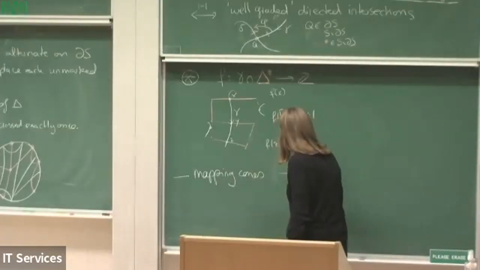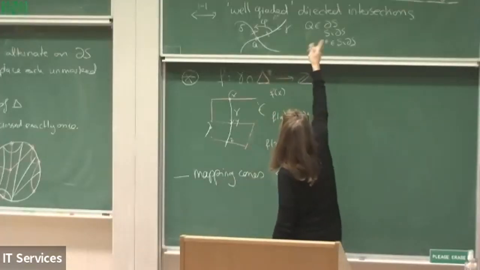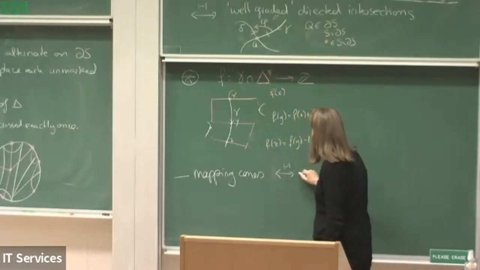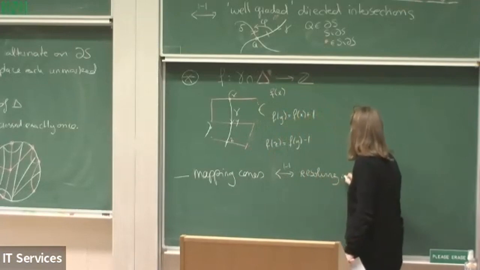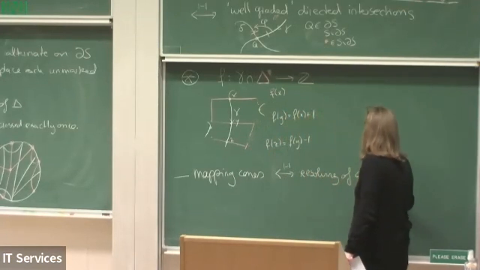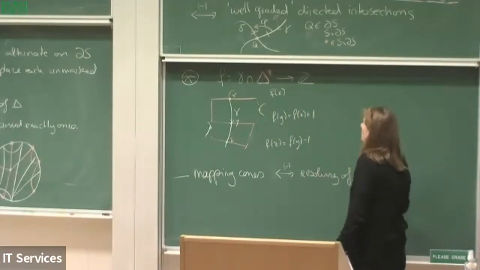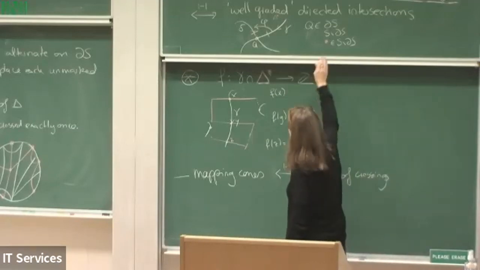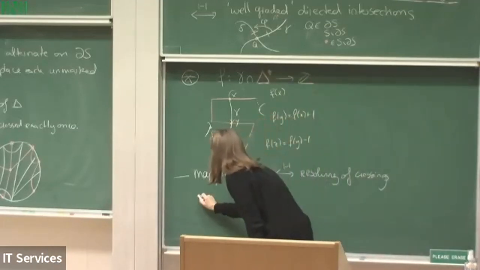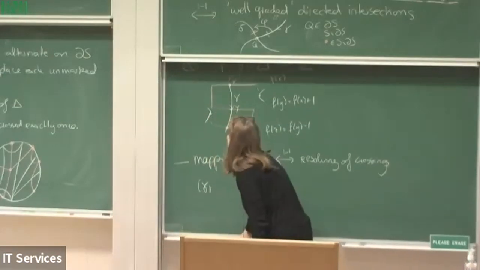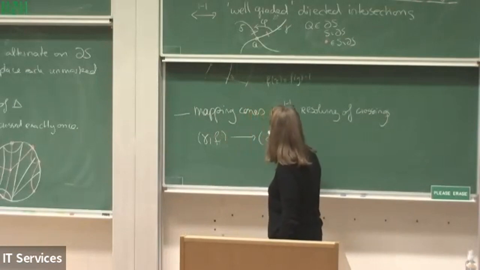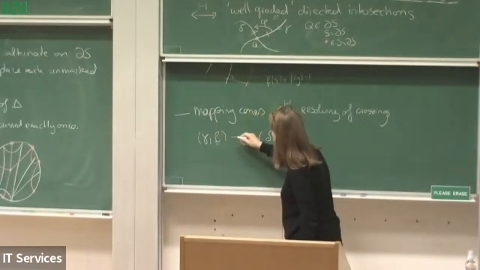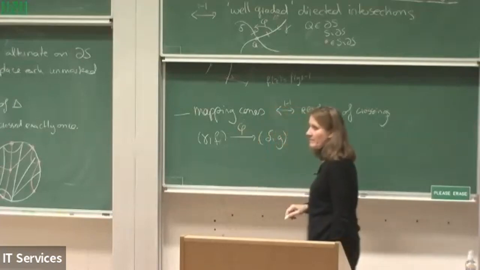And the mapping cones of the basis maps of the homomorphisms are in one-to-one correspondence with the resolving of the crossings. Okay, so what do I mean by that? So assume that we have a map from gamma f, some indecomposable, to delta g, another indecomposable object, and here we have that map phi.